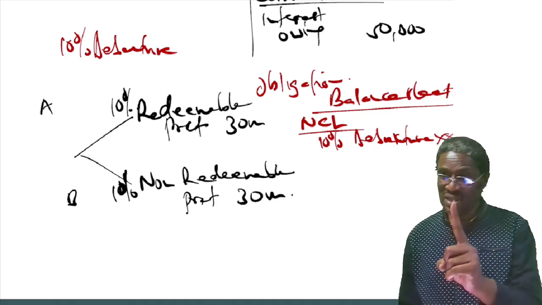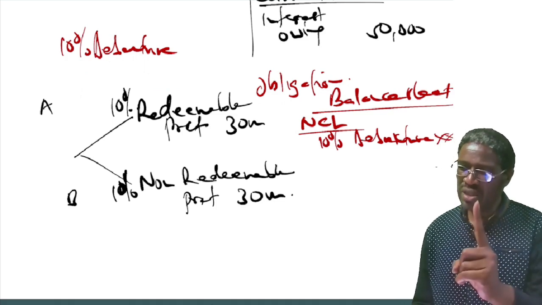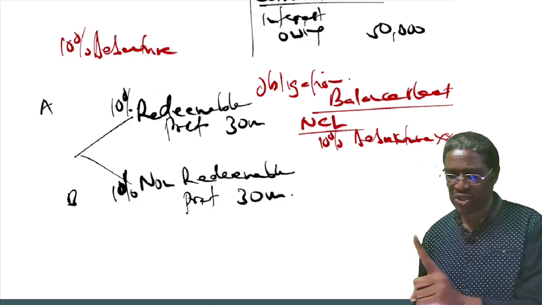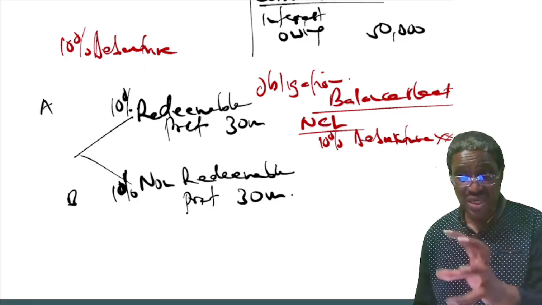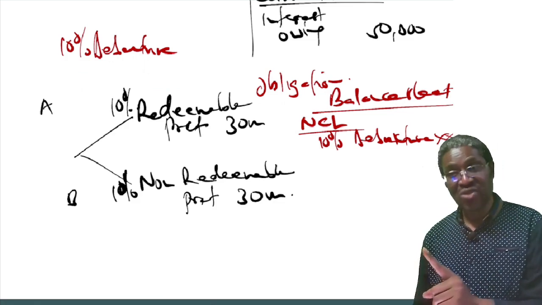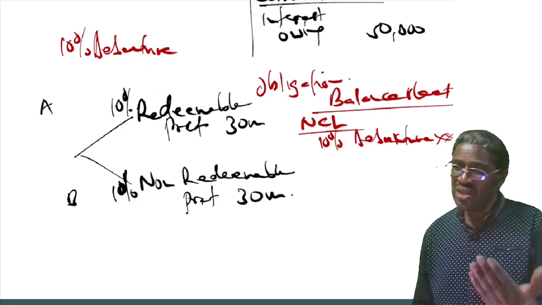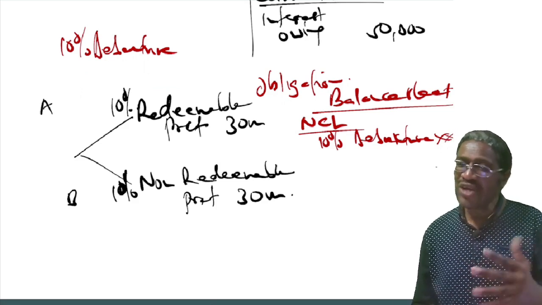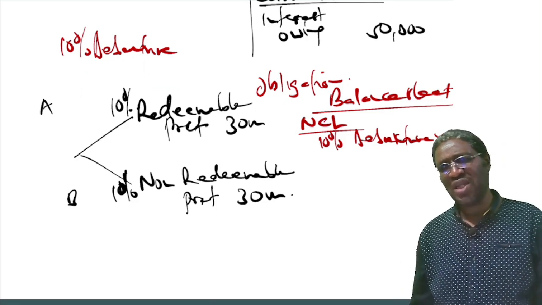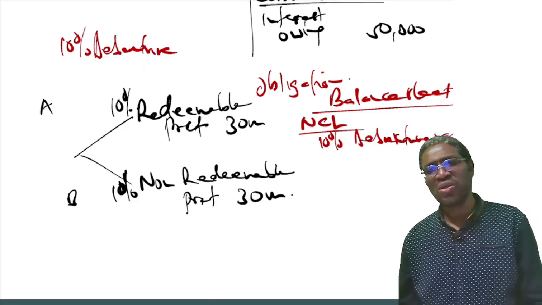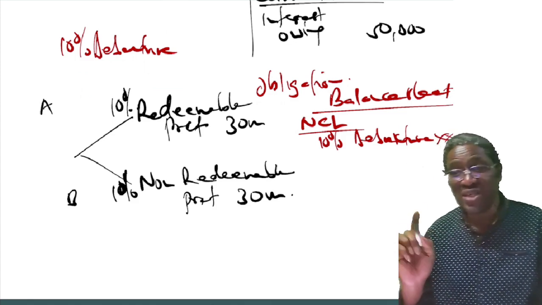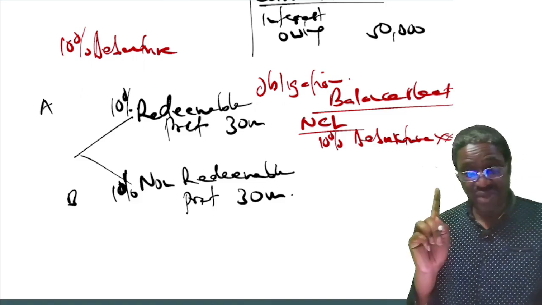Listen, the same way this company A issued a redeemable preference share, then it also means it has an obligation to pay back. So to company A, these preference shares are not part of capital. They are liabilities to the company. This company A has a liability to pay back the 30 million.